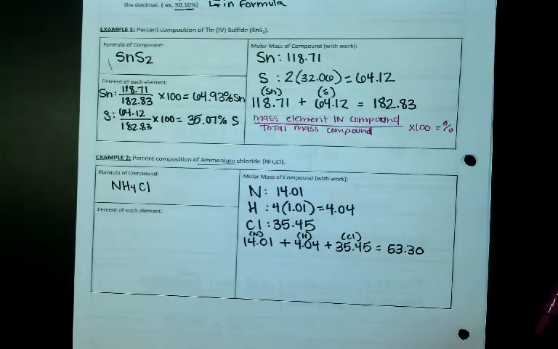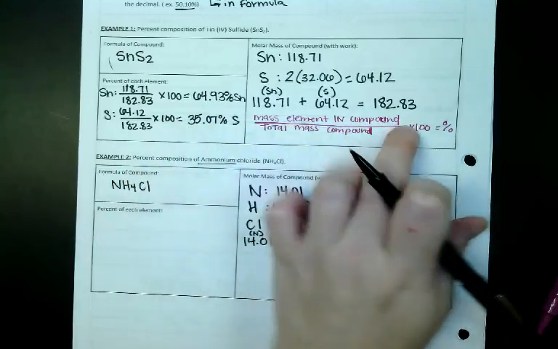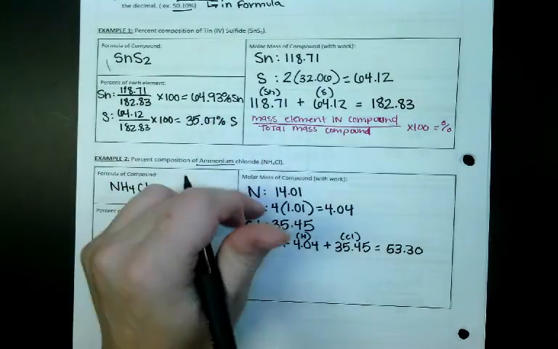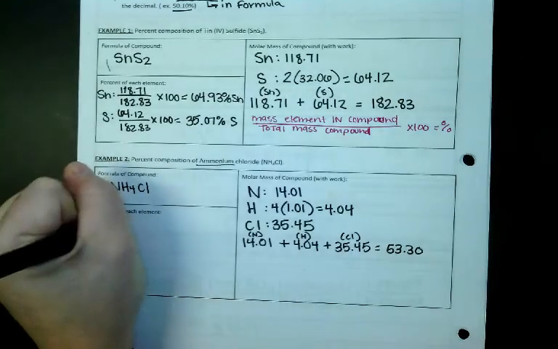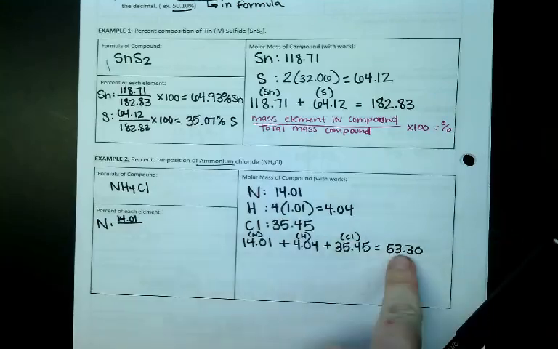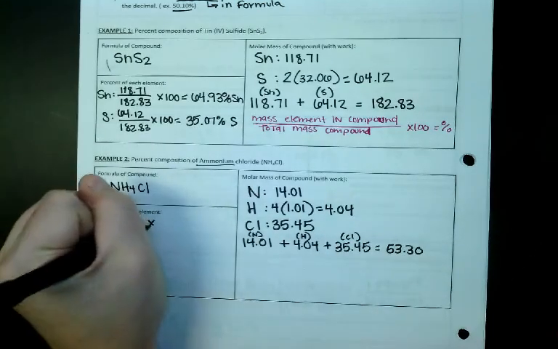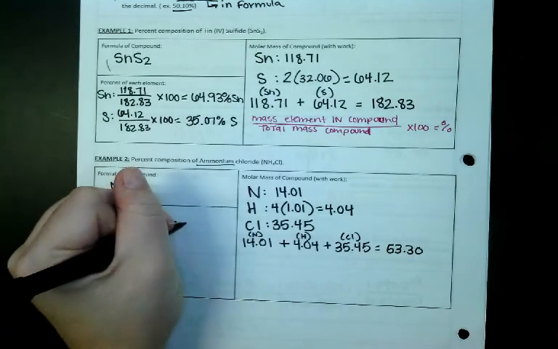We take the mass of the element in the compound divided by the total mass. So the mass of nitrogen, 14.01, divided by the total mass, 53.30, times 100. That's going to give me 26.29% nitrogen.